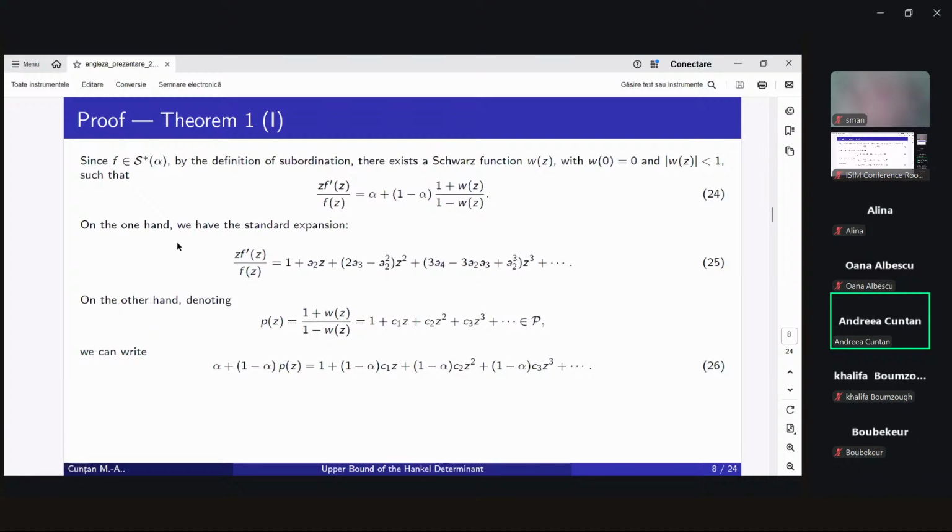On the one hand, you have the standard expansions in the next equation.